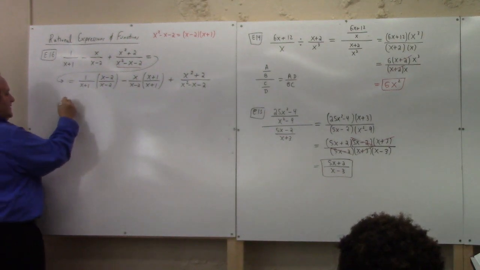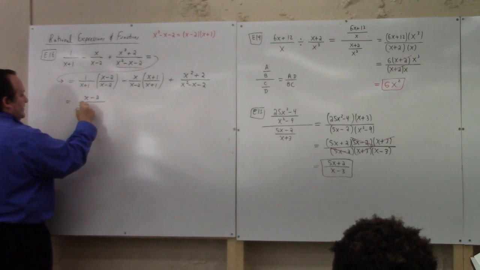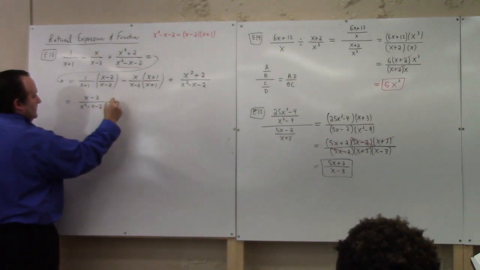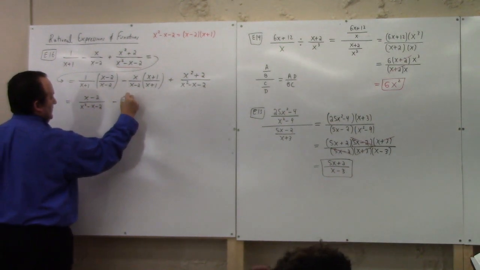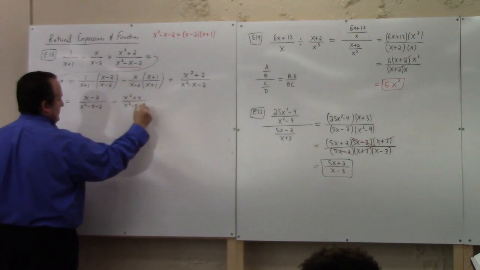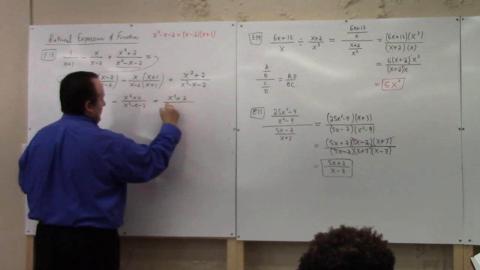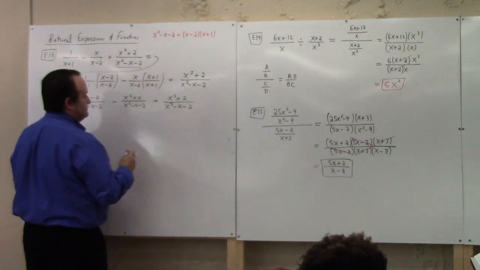So what that gives me then is x minus 2 over x squared minus x minus 2, minus x squared plus x over x squared minus x minus 2, plus x squared plus 2 over x squared minus x minus 2.